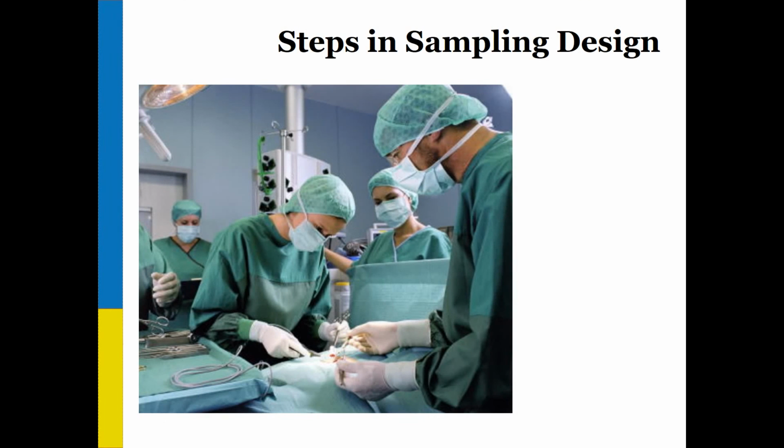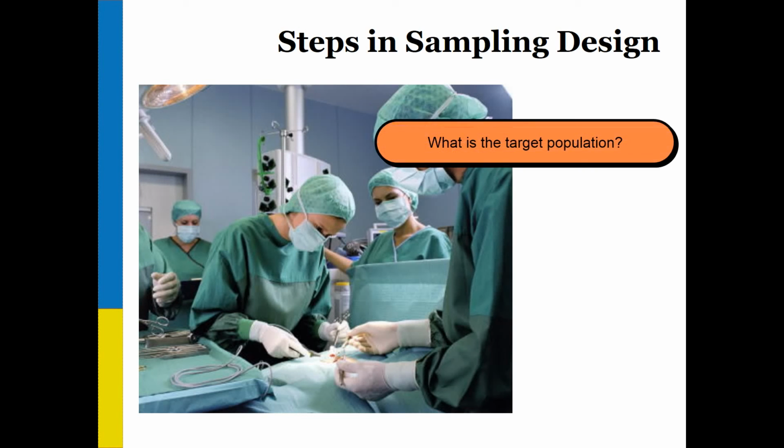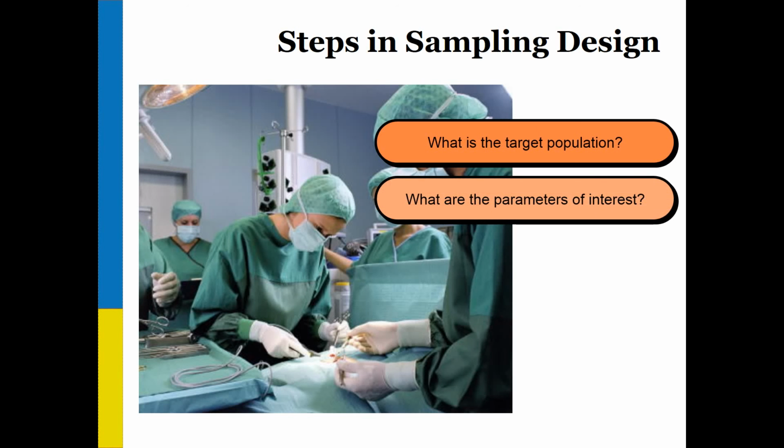Okay, so the steps in sampling. Back to the Corolla example. If the population of interest is all usable Corollas in Australia, then this is our target population. Our parameter of interest could be the proportion that have airbag defects.